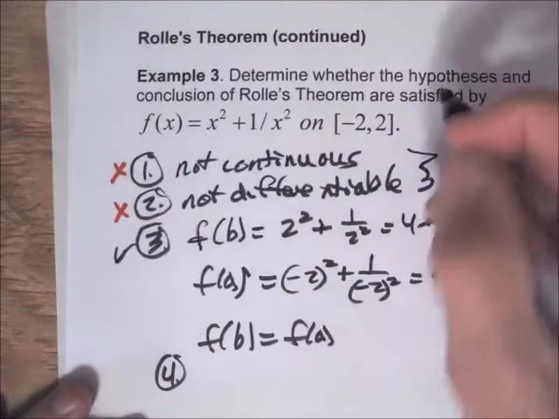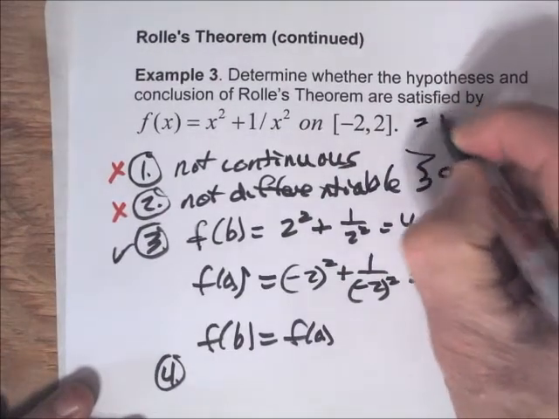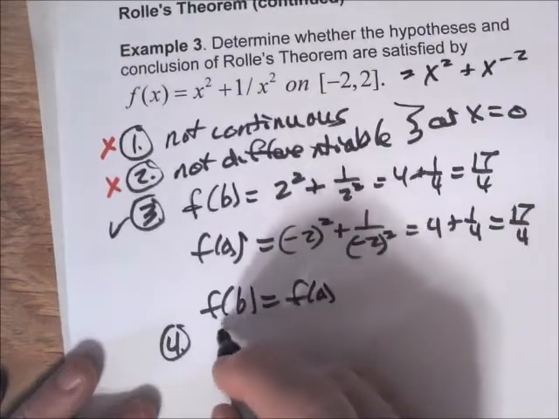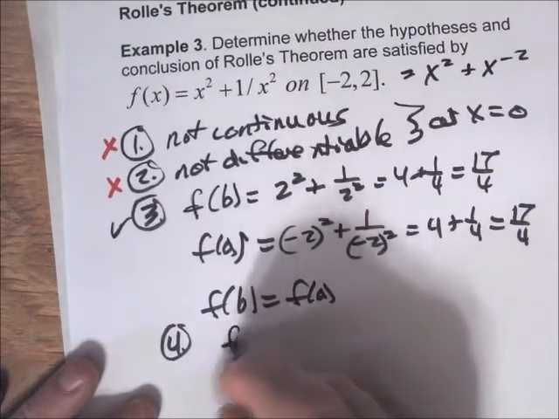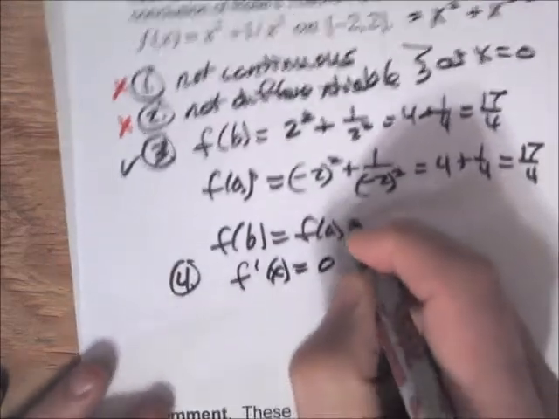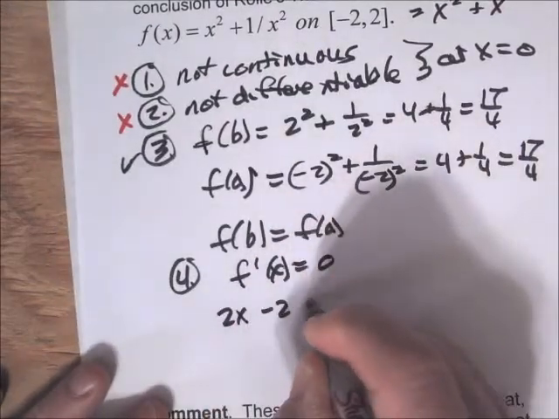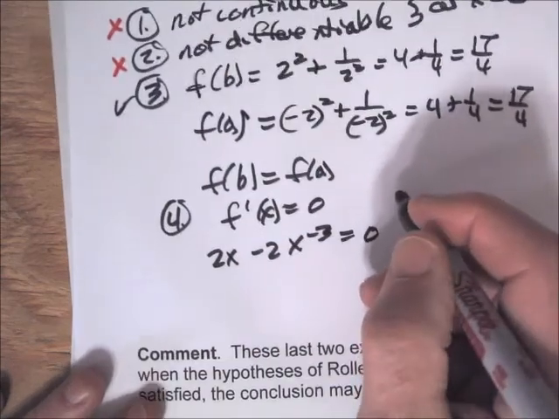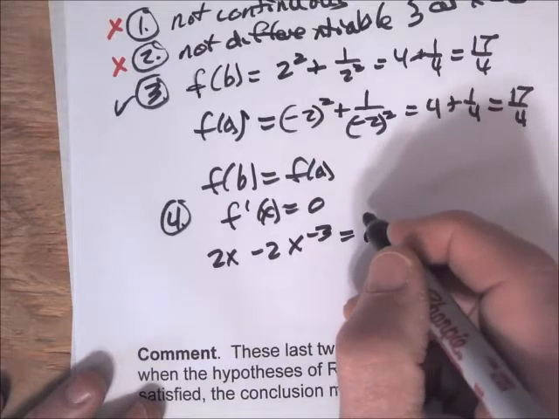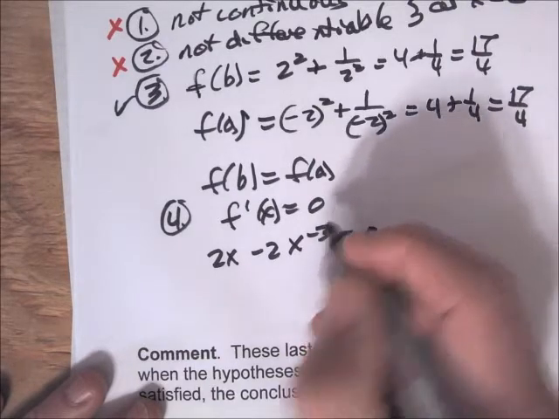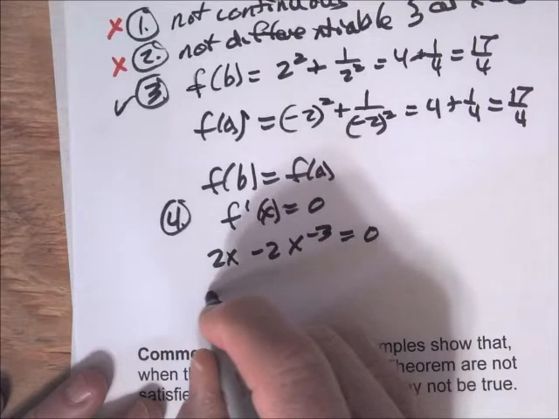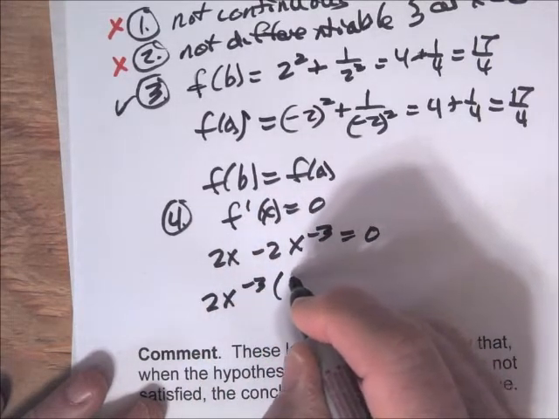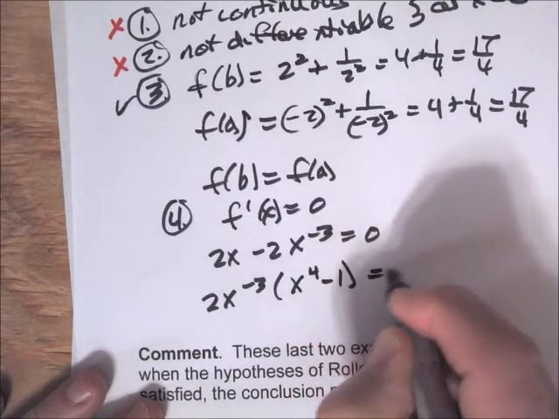So f of x is x squared plus x to the -2. So f prime of x, let that equal 0. This is going to be 2x minus 2x to the -3 equals 0. If we factor out the lowest power of x, we have 2x to the -3, and that'll leave us with x to the 4th minus 1 equals 0.